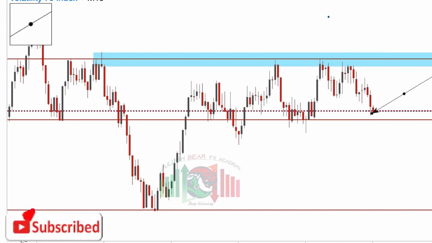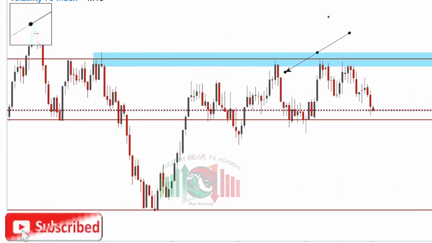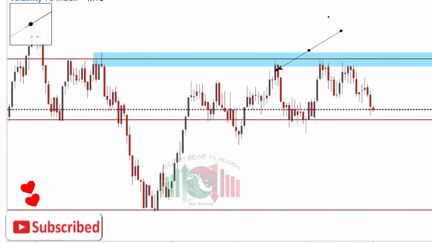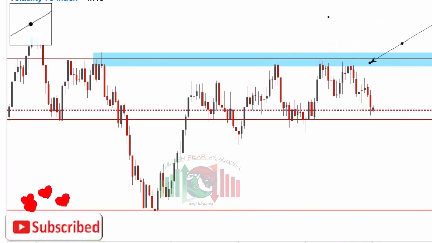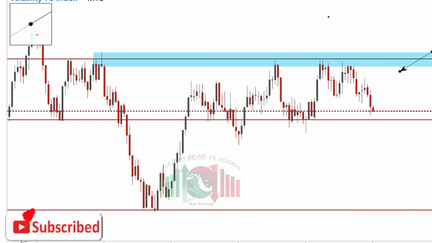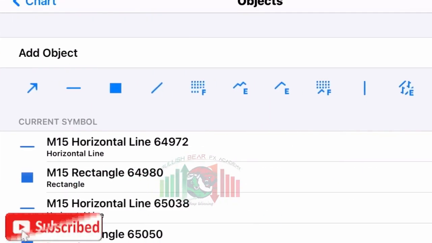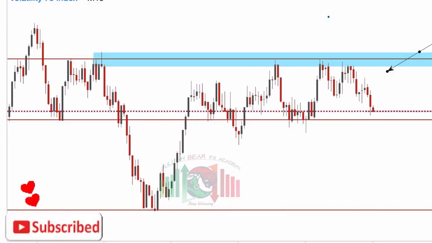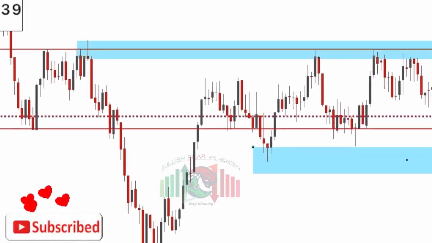All right, so this simply means that anytime I want to place a sell, I will only place a sell whenever price is in this zone. Now let's draw another zone for a support area. Now another zone I'll be drawing out is going to be here.